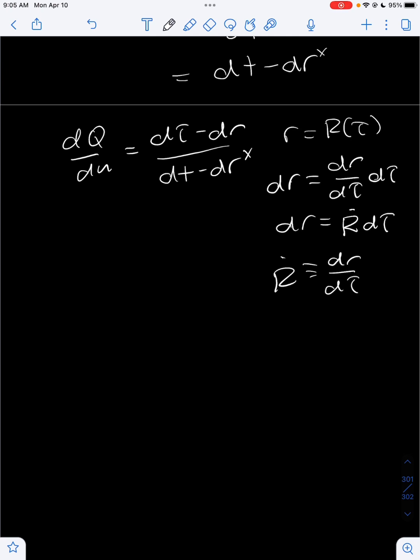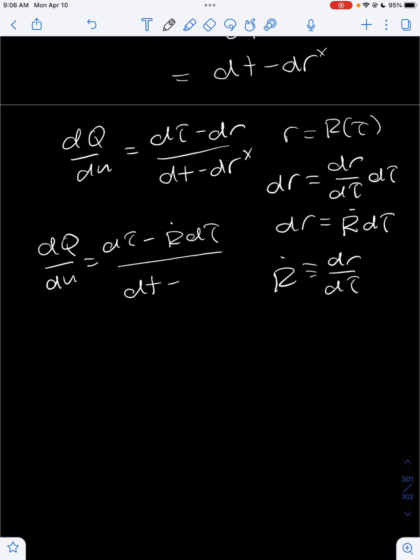We can also write this as d big R over d tau. Big R and small r mean the exact same thing, so it doesn't really matter. So this means that dq over du equals d tau minus r dot d tau.